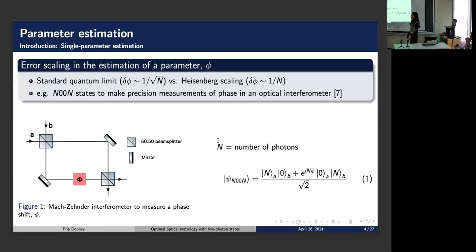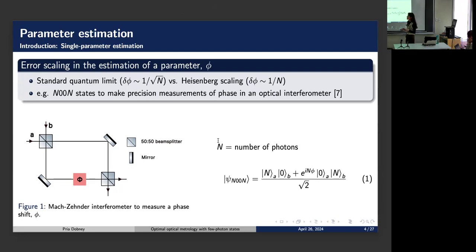So I'll go through a small example of parameter estimation in the case of a single parameter to give you a basic idea. Say you want to estimate a particular parameter, and there are two main limits that we come across in metrology.